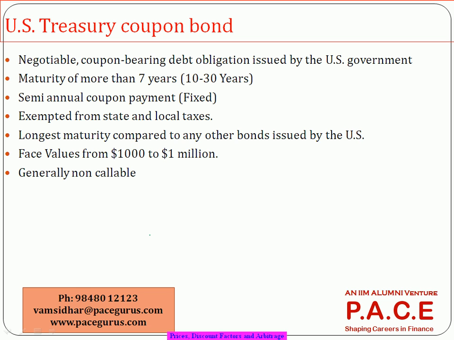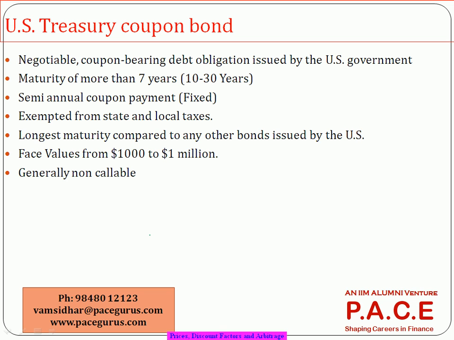So just to understand a typical case in the US, the kind of bonds which the US government typically issues are treasury coupon bonds. Most of the time the US government issues only coupon based bonds. It does not issue zero coupon bonds, but it gives the flexibility to strip them off.